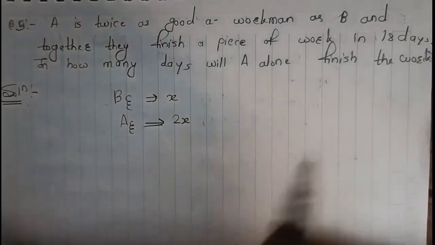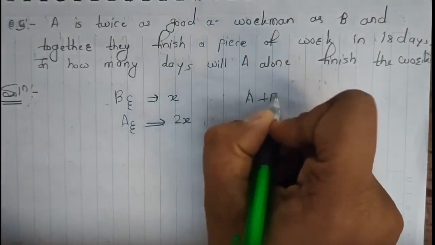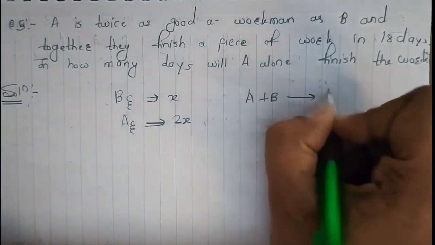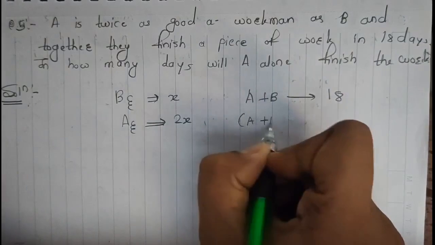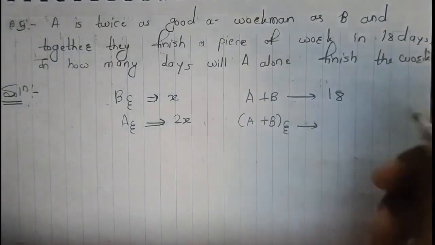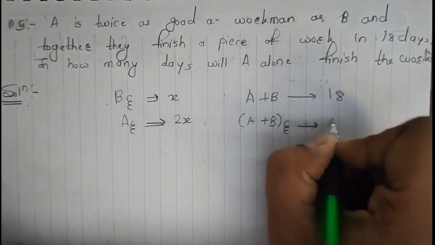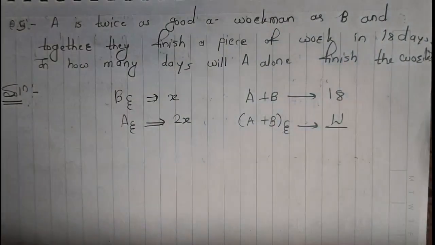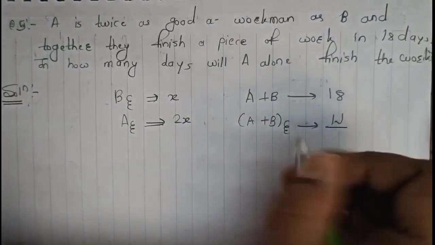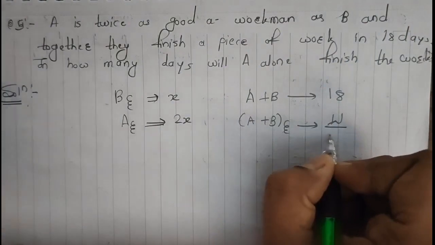Now when they work together, they finish a piece of work in 18 days. When A and B are working together, they can do the work in 18 days, which means their combined efficiency, considering the total work as W, would be W by 18. Here we have to consider it as W because there is no other option. Otherwise you can consider it as some factor of 18. I'm just going to go with W here.